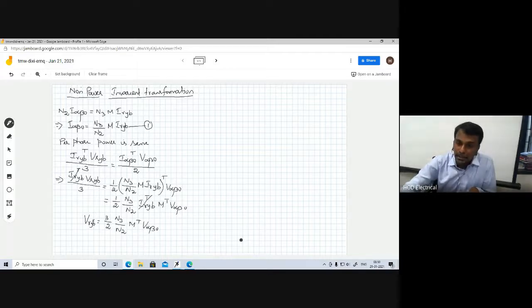This is the V RYB formula. Then from the second equation we get I RYB.